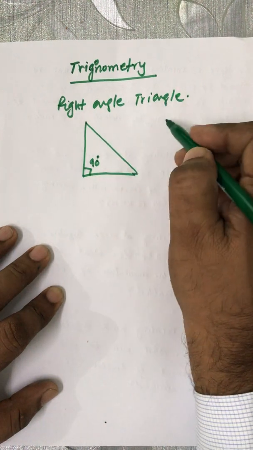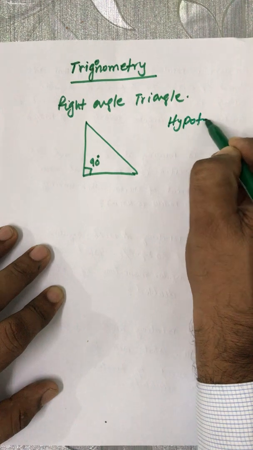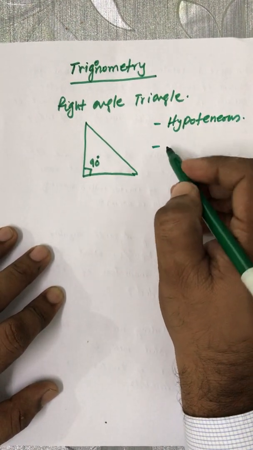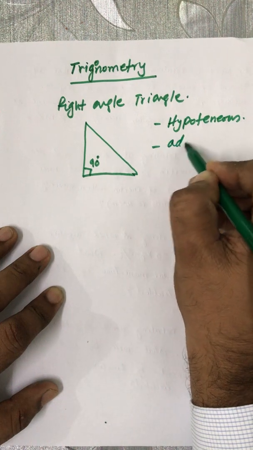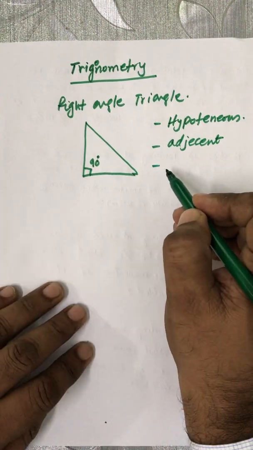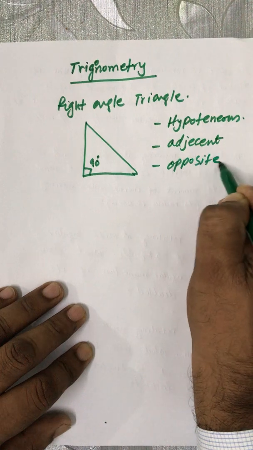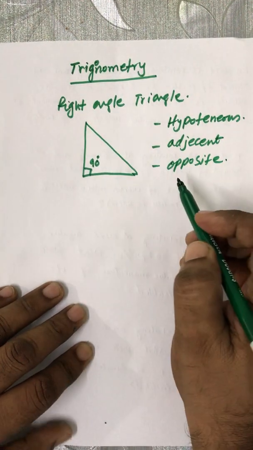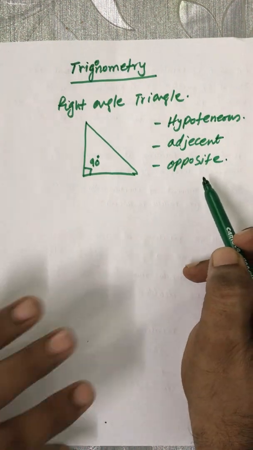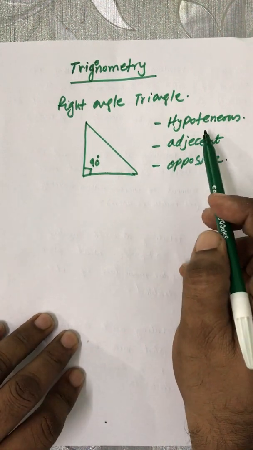The longest side is called hypotenuse, one of the sides is called adjacent, and the third side is called opposite. We have to decide which side will be adjacent, which will be opposite, and which one will be hypotenuse.